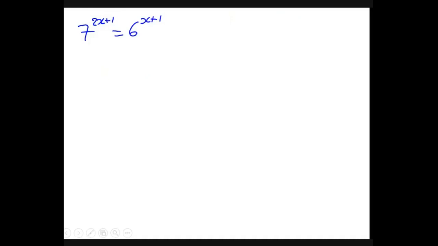So how did you go about doing it, Max? So I started off and I did 2x plus 1 and then log 7, like in brackets. Oh, okay, so let me just, I think you might have skipped a little bit, but that's okay. Let me just quickly write the first step, taking logs of both sides.